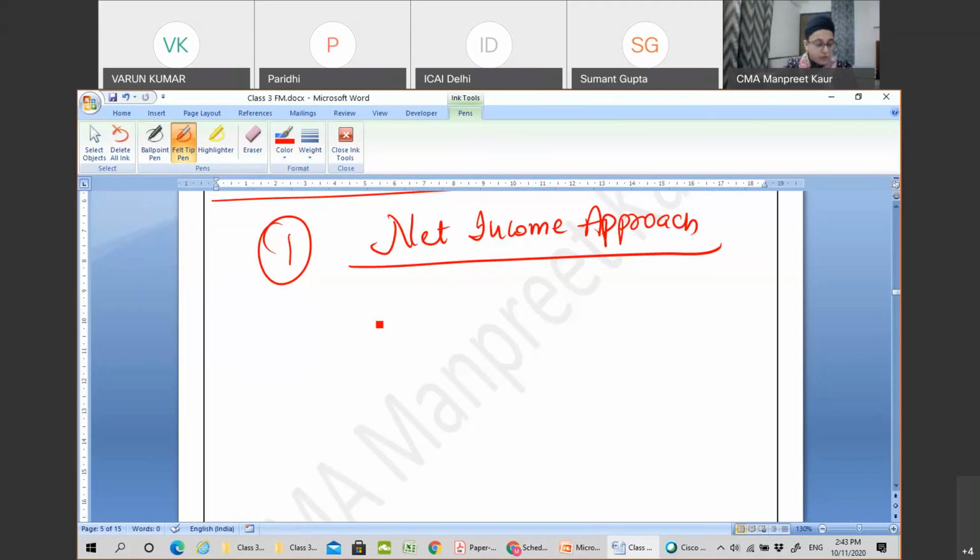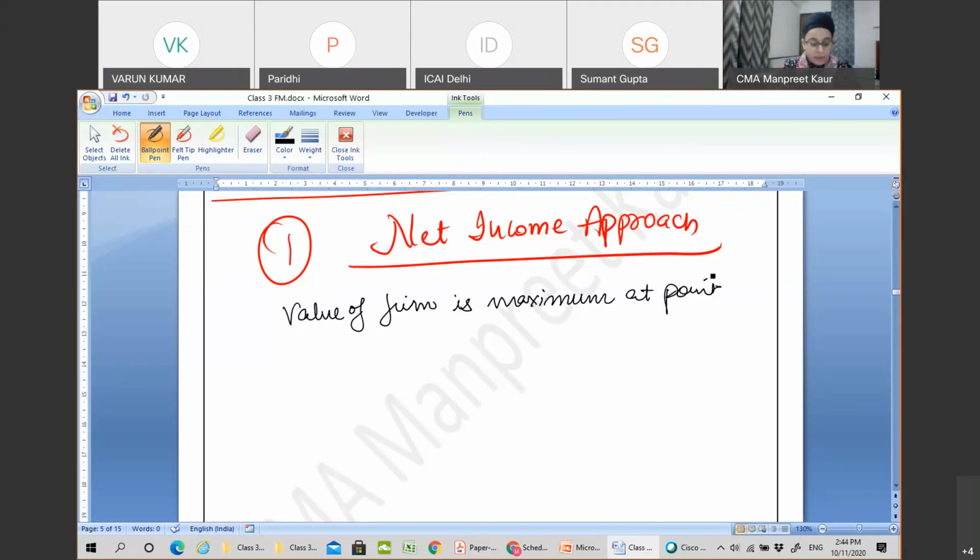Okay, first of all, we will start with what does net income approach say. What net income approach says to us? It is if the value of the firm is maximum at a point, I'm writing in sub points and then we will discuss through the study module.